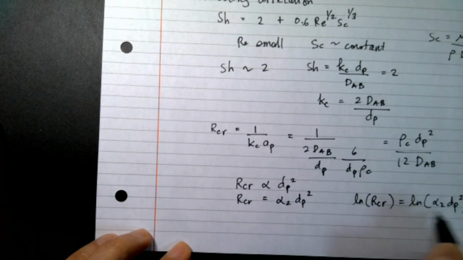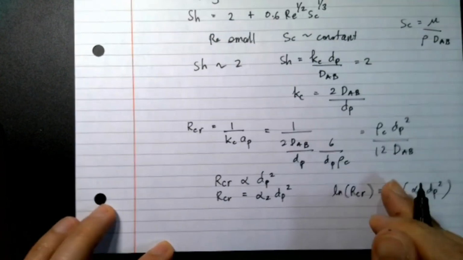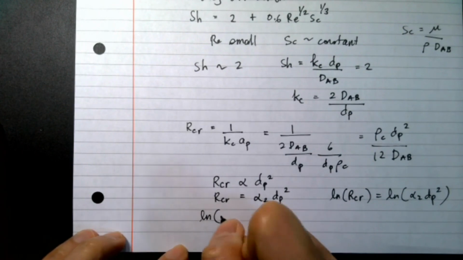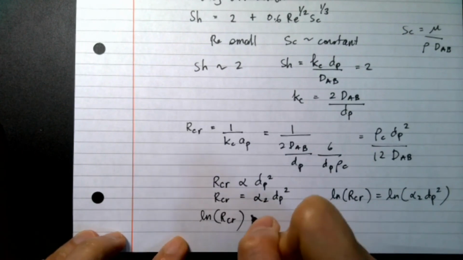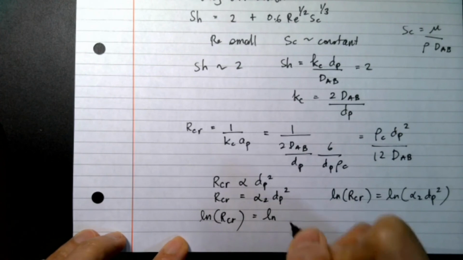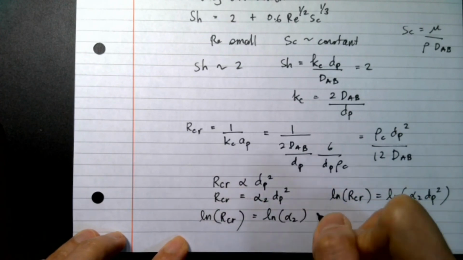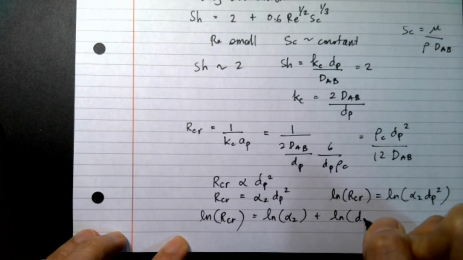And using the property of logarithm, we can write the log of RCR is equal to the log of alpha 2 plus the log of the square of the particle diameter.